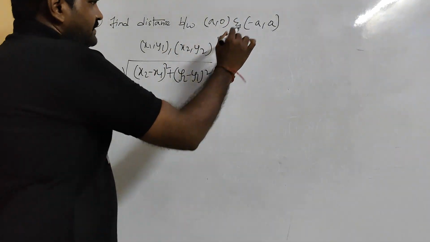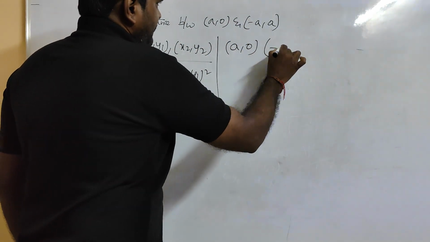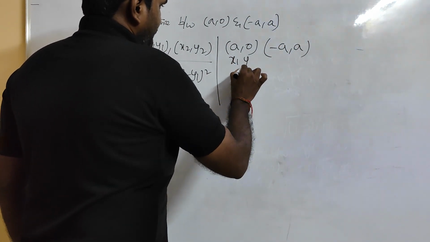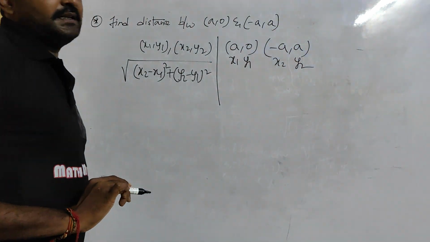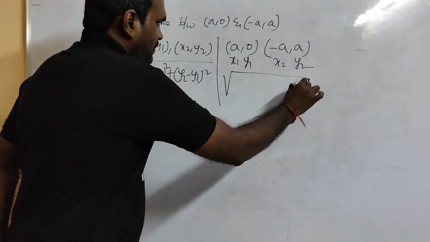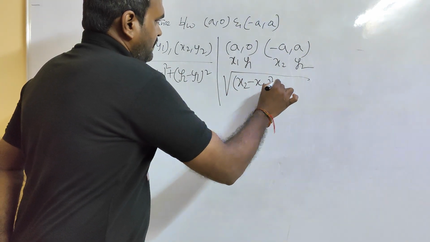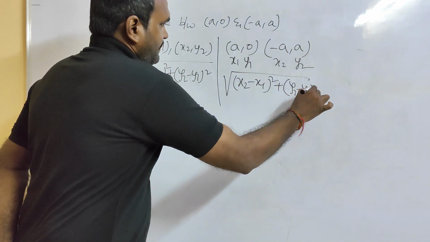First you write the points that are given: (a, 0), and the second one is given as (-a, a). Mark it like this. That will be better for you while substituting in the formula x1, y1, x2, y2. My formula is square root of (x2 minus x1) whole square plus (y2 minus y1) whole square.